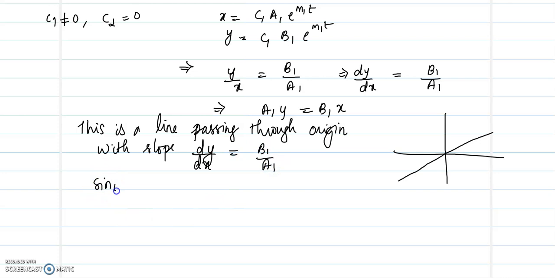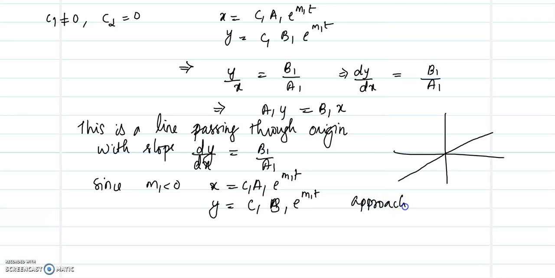Now since m1 is less than 0, x equals c1 a1 e raised to m1t and y equals c1 b1 e raised to m1t approach 0 as t tends to infinity, because the exponent is negative. Therefore the direction will be towards the origin.